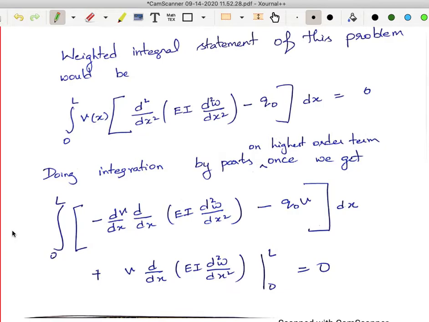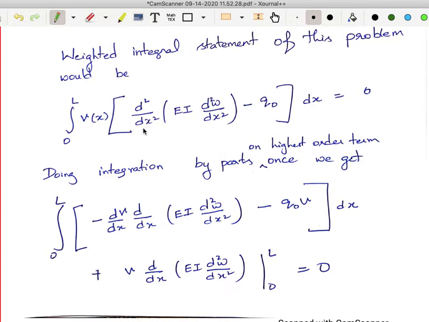But as long as you are dealing with even order derivatives for your field variable, you want to do integration by parts in a manner that you end up with the same order of derivative on your weight function and your field variable.